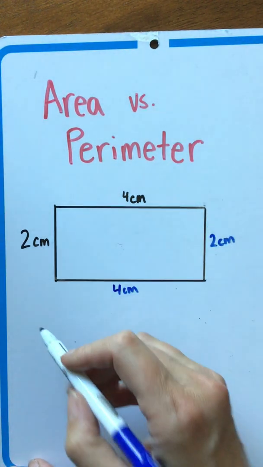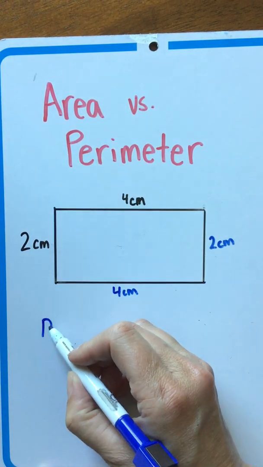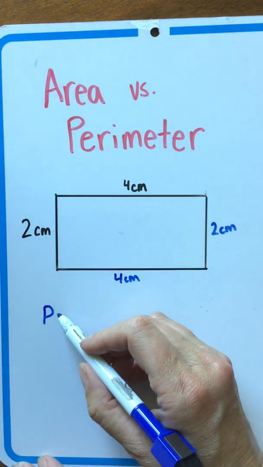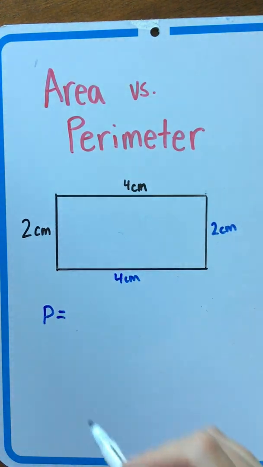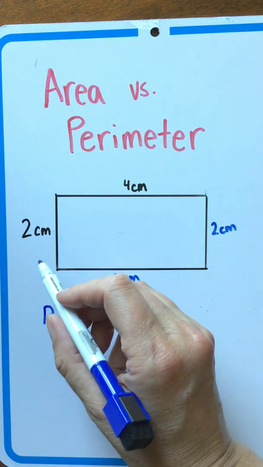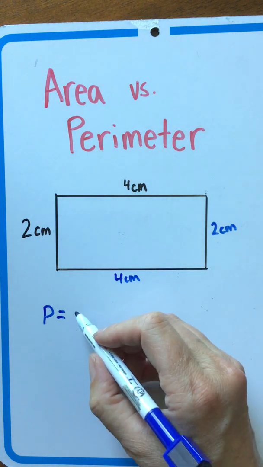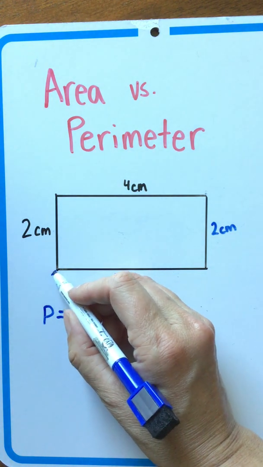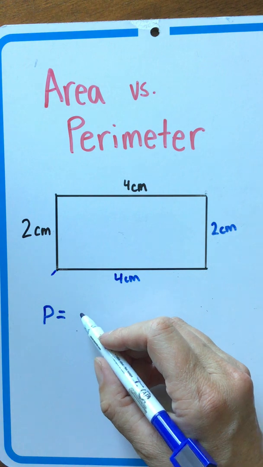So perimeter, which I'm just going to use the letter P to stand for, because I'm a lazy mathematician, I can figure out by adding up all of the side lengths. I always like to give myself a starting point so I don't forget any side.